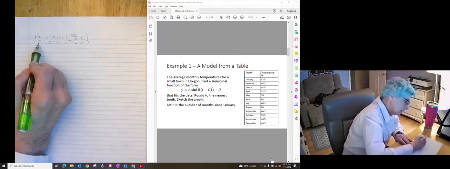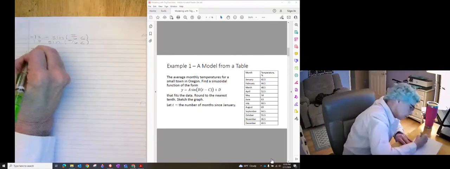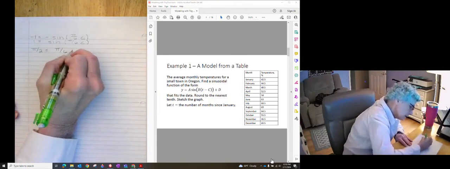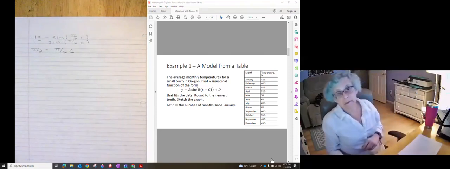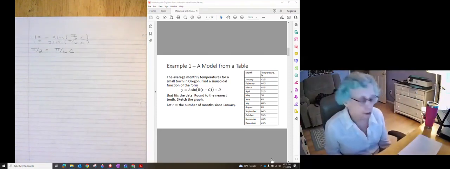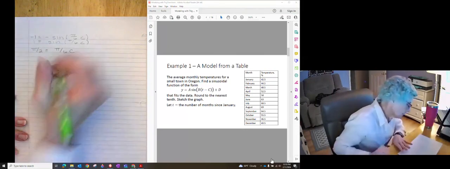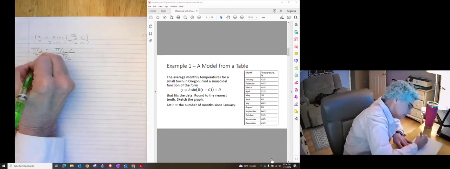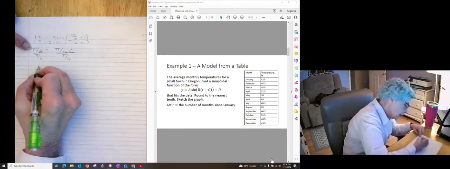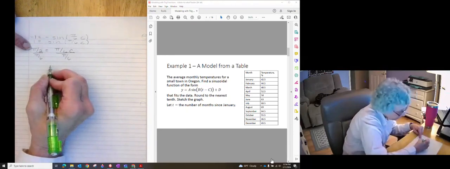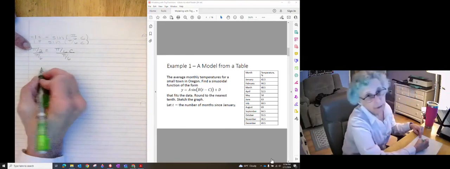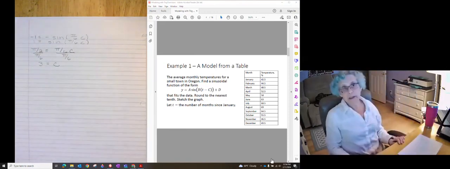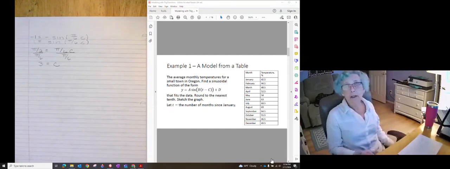Well, sine is equal to 1 at pi halves, so pi halves is equal to pi over 6 times c. Easy inverse trig equation to solve there. Divide both sides, and I get pi halves divided by pi over 6, invert and multiply, 3 is equal to c. So that's one way to do it.